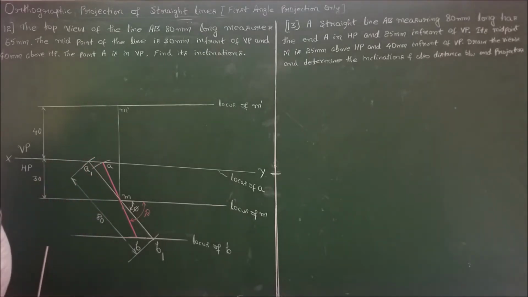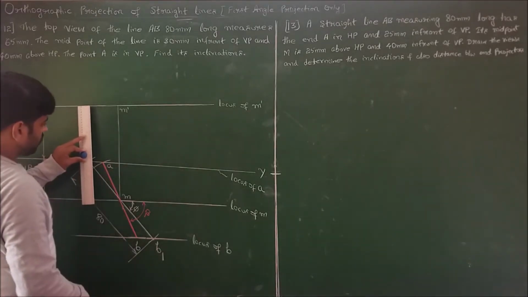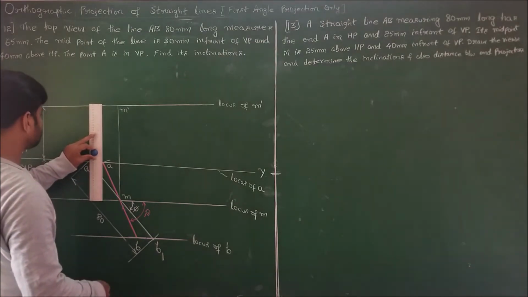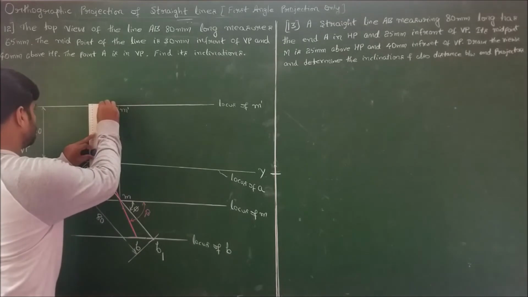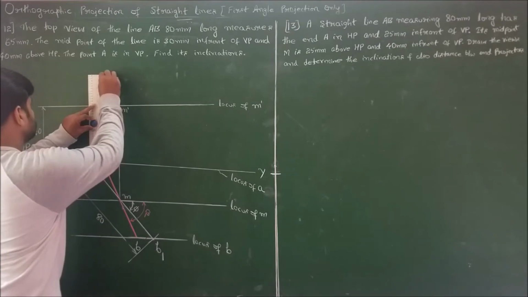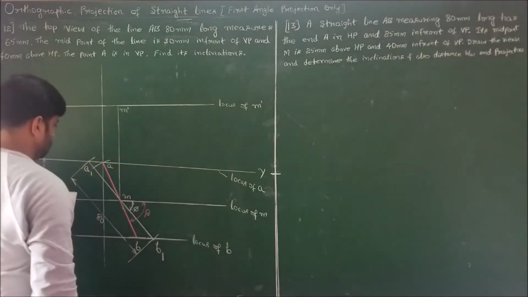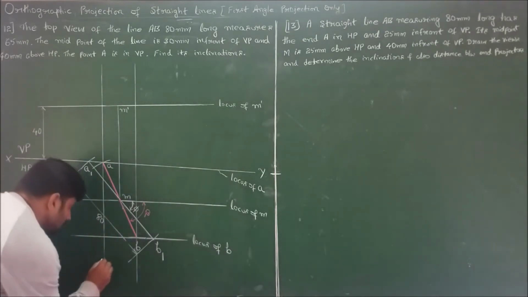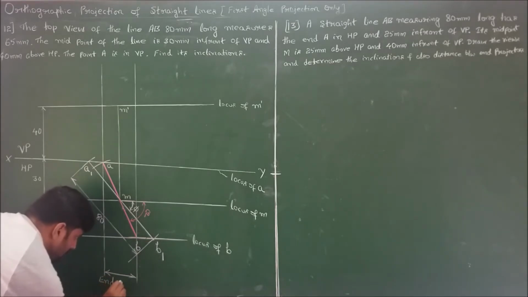So to complete the projection in front view, one hint is that we know the end projectors from both the ends. So project the end projectors. Thereby we have got the end projection.